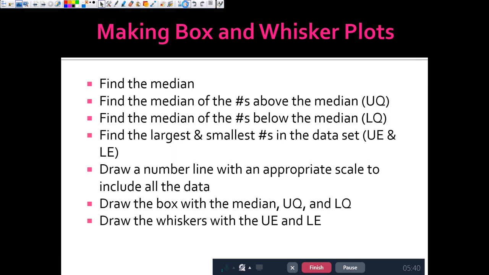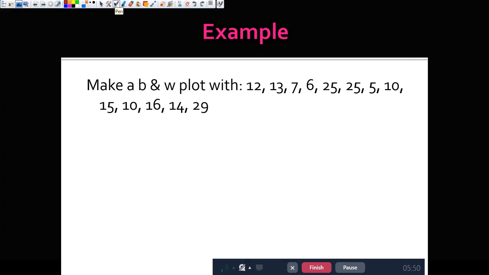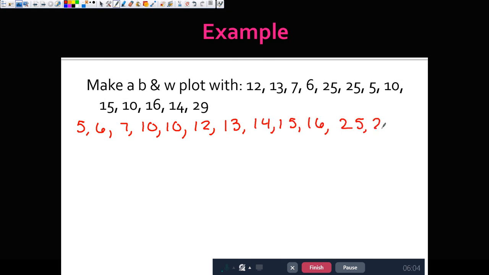Well, let's practice. Okay, so we're going to make a box and whisker plot with the following data. We need to list our data from least to greatest. So I have 5, 6, 7, 10, 10, 12, 13, 14, 15, 16, 25, 25, and 29. Okay.